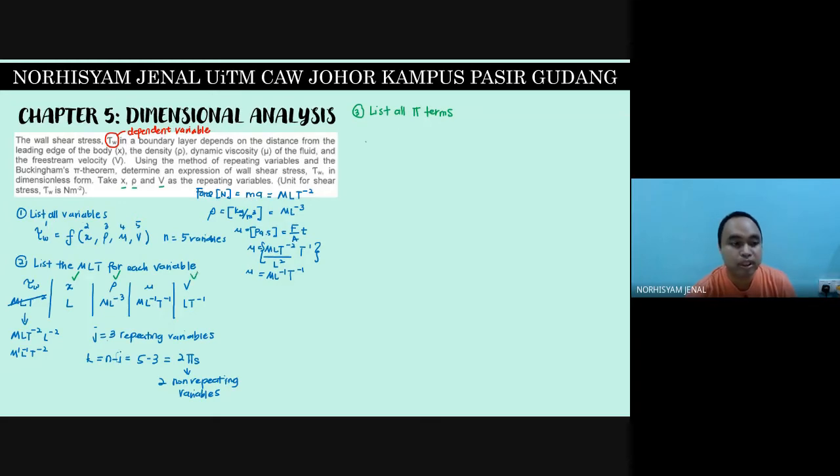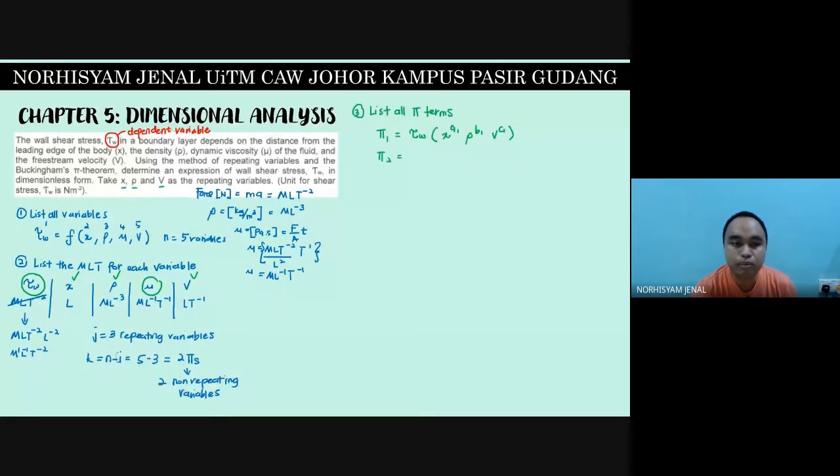So what it means is tau over here and also mu are the non-repeating variables. So what you do first, the first one, pi1, should be the dependent variable here. So it should be tau, and then you have x^a1, rho^b1, and v^c1. That will be pi1.